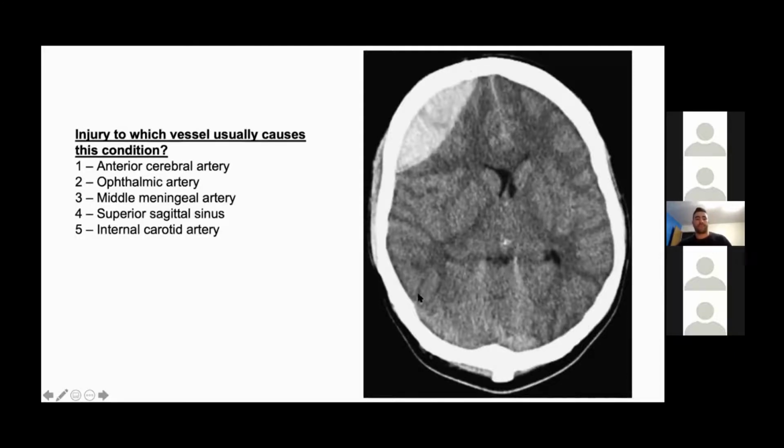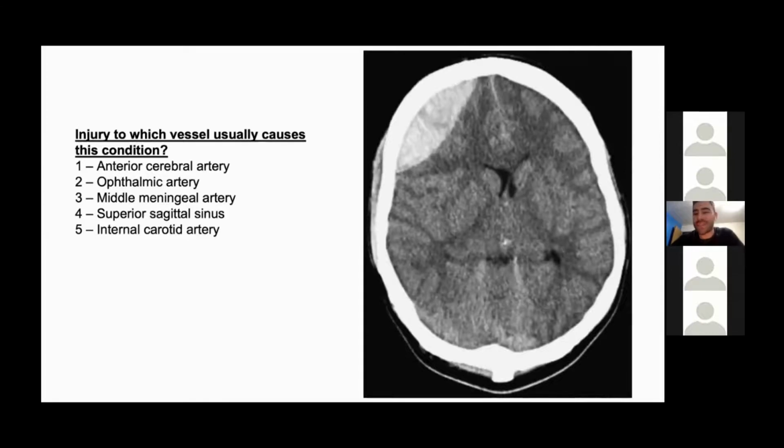So another SBA. Usually which vessel is injured to cause this particular pattern and this particular bleed? Good. Everyone's read this somewhere.